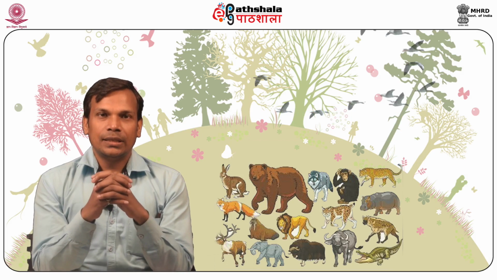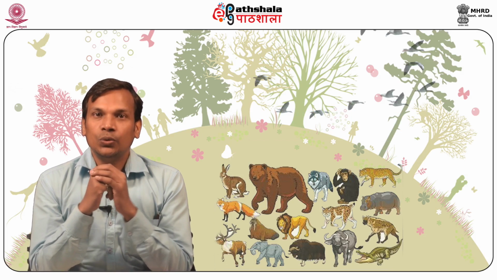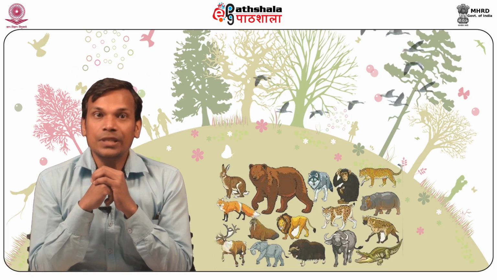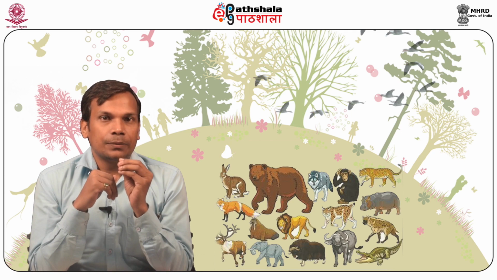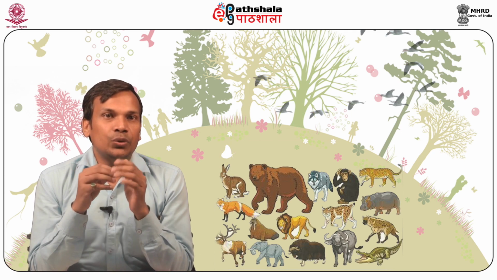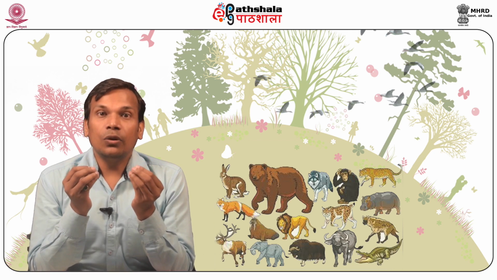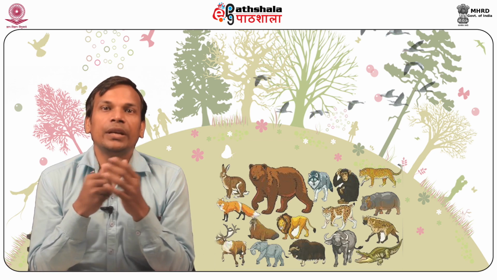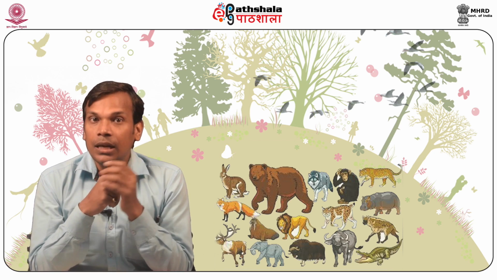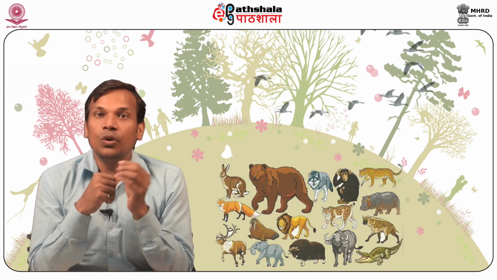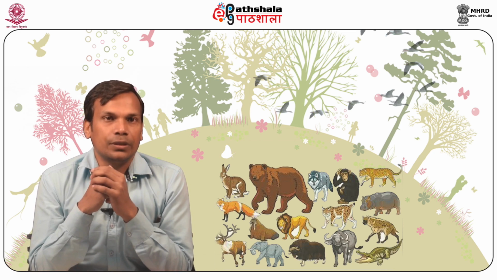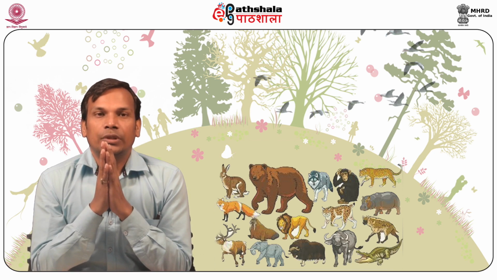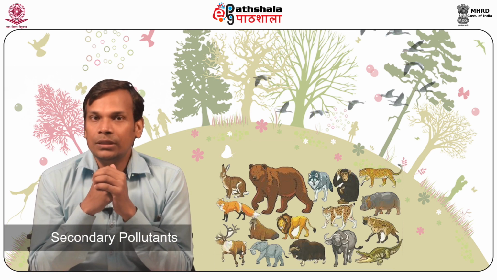The air pollutants can be classified into two categories. First is primary pollutants. These are pollutants which are released into the environment as a result of natural or human activity. For example, carbon dioxide, carbon monoxide or oxides of nitrogen, etc. The second type of pollutant is known as secondary pollutant.